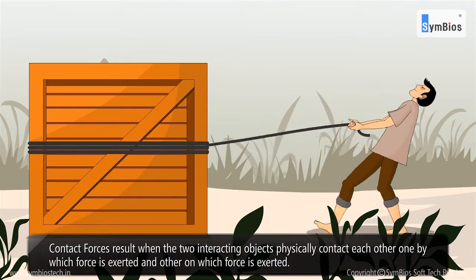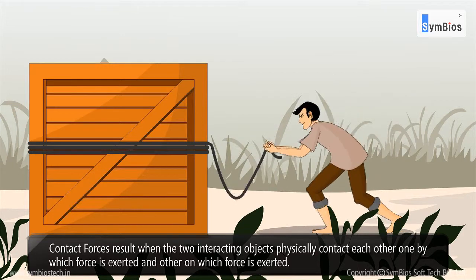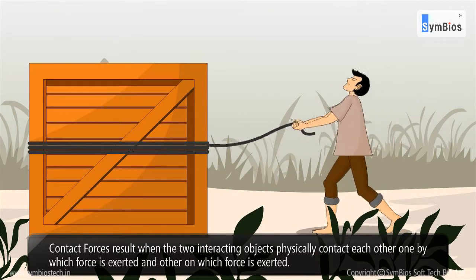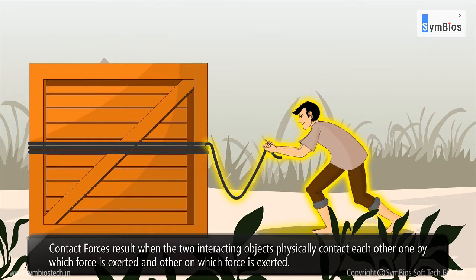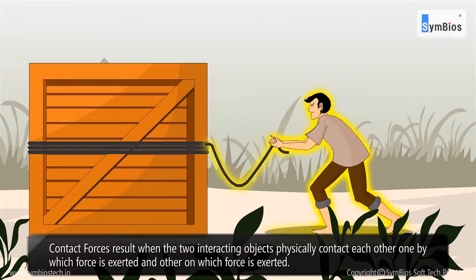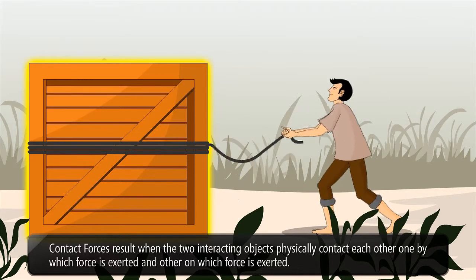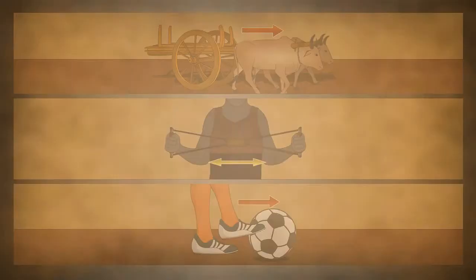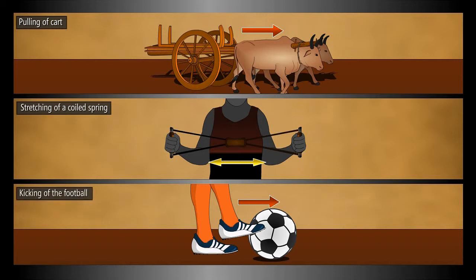Contact forces result when the two interacting objects physically contact each other, one by which force is exerted and the other on which the force is exerted. Examples of contact forces include pulling of a cart, stretching of a coiled spring, and kicking of the football.